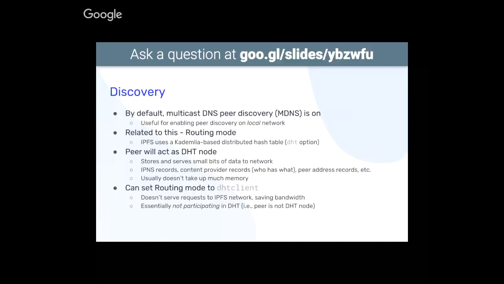And so speaking of bootstrapping your distributed hash table, you can also control how your peer discovers other peers and how it interacts with the distributed hash table, or DHT. So by default on a local peer, multicast DNS peer discovery is enabled. And this is useful for peer discovery on local networks, which we've been using in some of our examples.